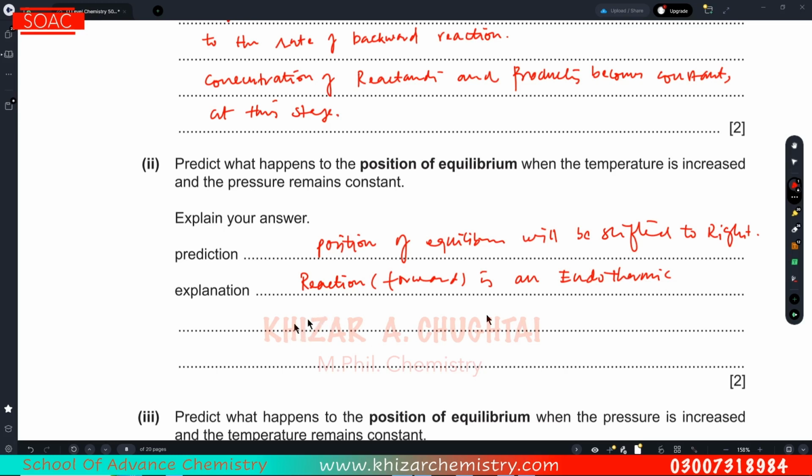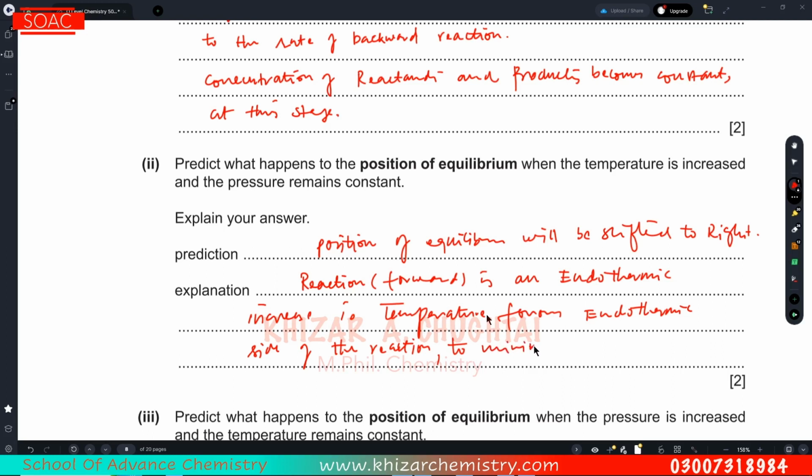And an increase in temperature favors the endothermic side of the reaction to minimize the heat.